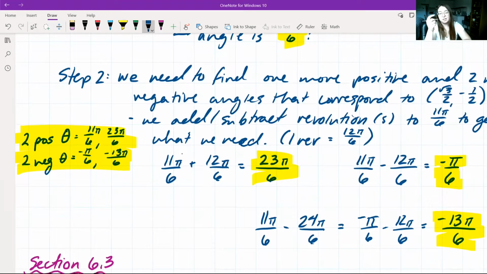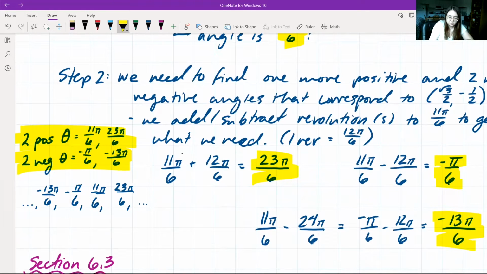Another way you could see it written is in a list format, where you begin the list with 3 dots, and then go from least to greatest: negative 13 pi over 6, negative pi over 6, 11 pi over 6, and 23 pi over 6, and then more dots. So you can see your answers written in any way like this.